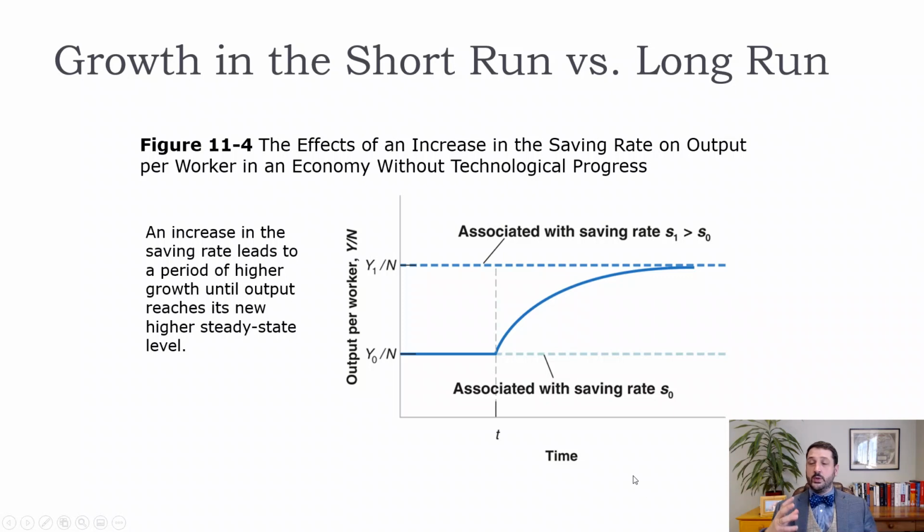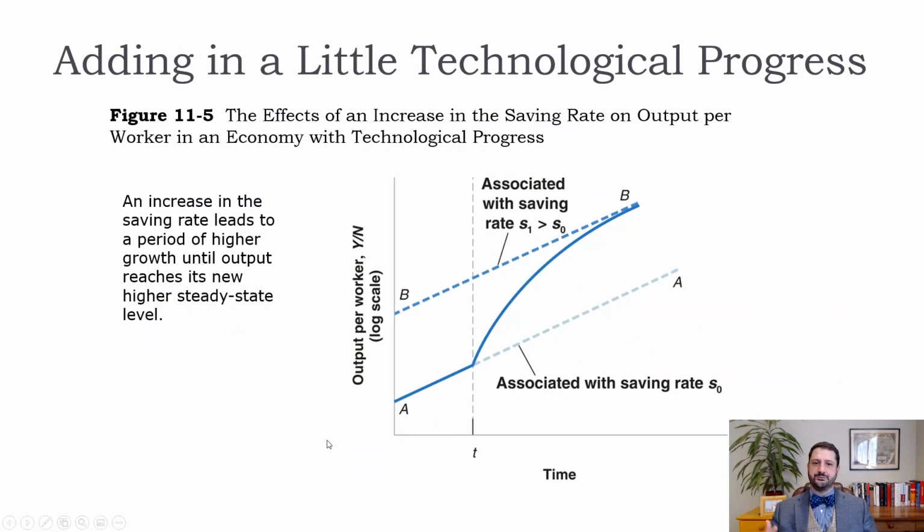But we know that one of the important factors of the last 100 years in industrial economies, 200 years, has been long-run economic growth. And so how do we explain that? Well, one way to explain that is with technological progress.